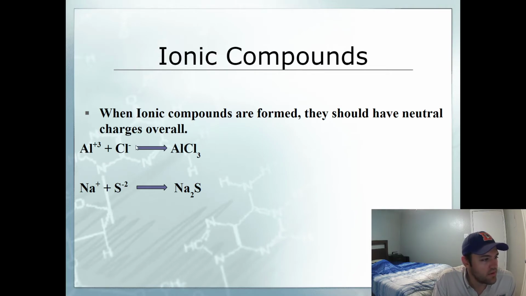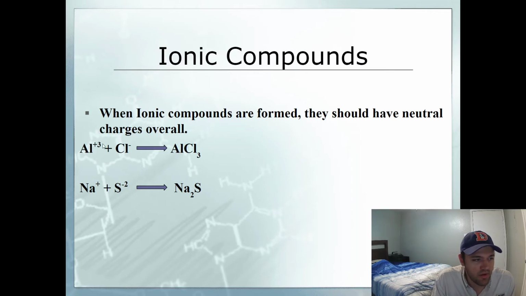All right, so if we look at this first example here, where we've got aluminum +3 and chlorine minus, if there's no number after the minus or plus sign, like you see on the sodium and the chlorine here, that just means it's a -1 or a +1 charge. So we've got aluminum +3 and chlorine -1. In order for our compound to overall be neutral and have no charge, we've got to have 3 of these chlorines so that they combine to make a total of -3 charge.